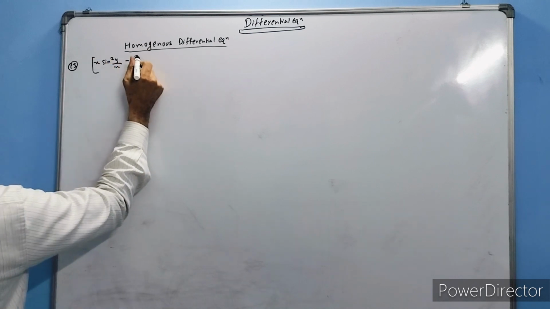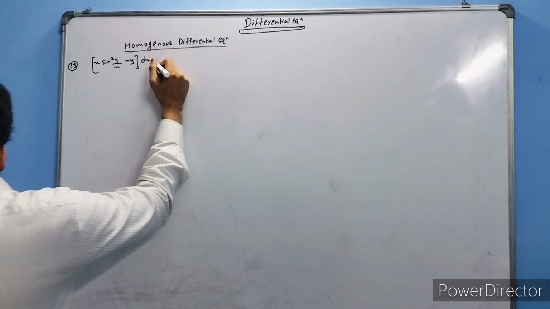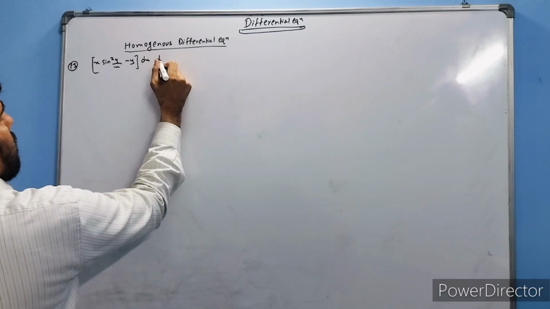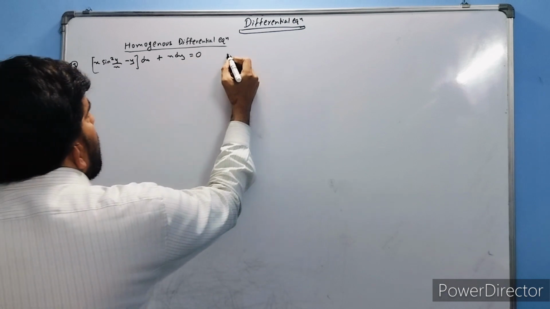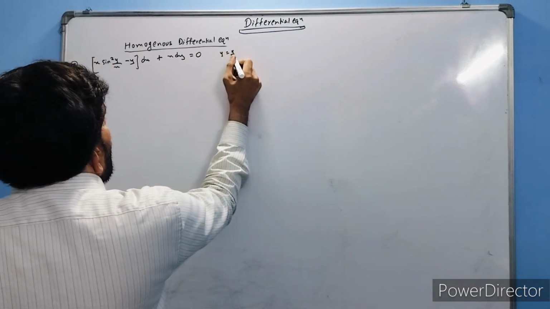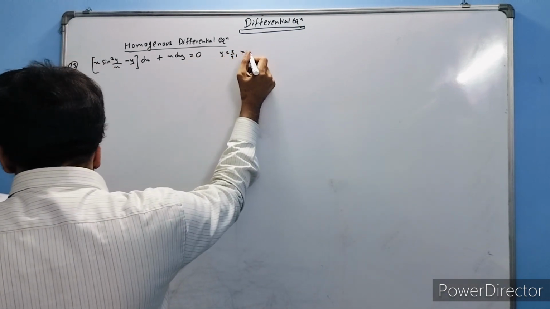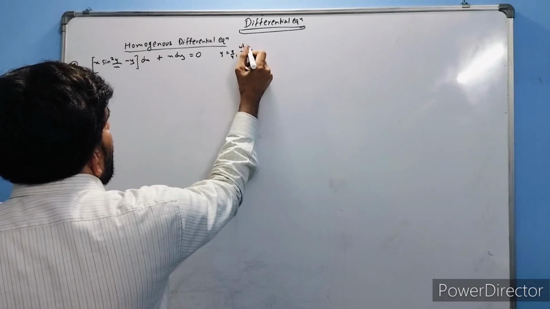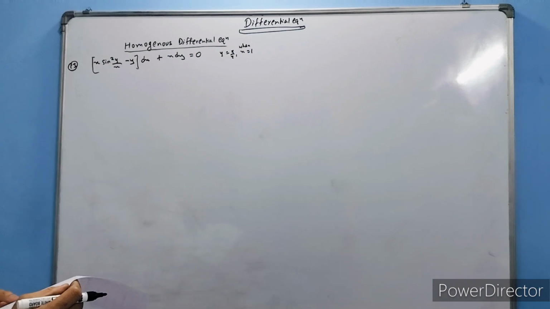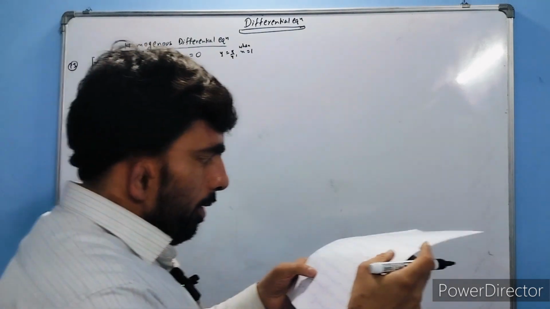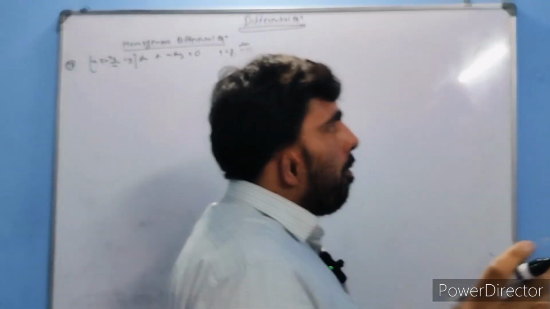dx plus x dy is equal to 0, and they have given y is equal to pi by 4 when x is equal to 1. So the equation is x sine square (y upon x) minus y dx plus x dy is equal to 0. Now how will we do this? Let us see.